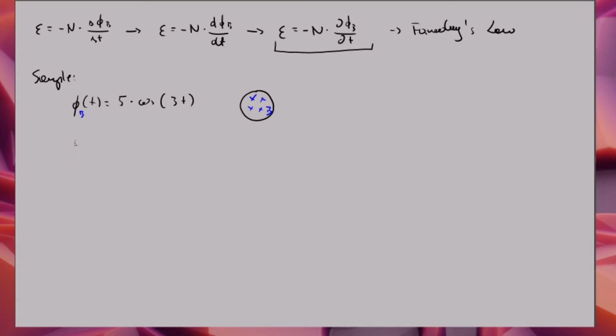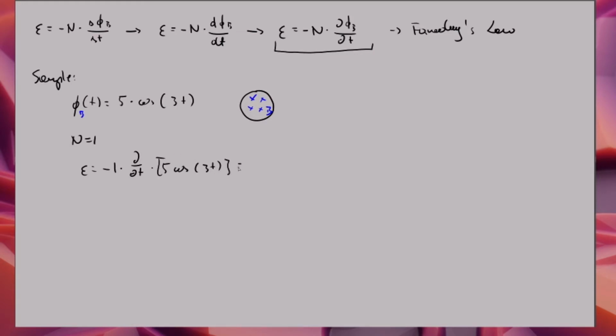Well, N is 1, since I drew one loop, so EMF is equal to minus 1 times the partial. There's really no need for a partial given the equation I provided here, but anyway, times 5 cosine of 3t.